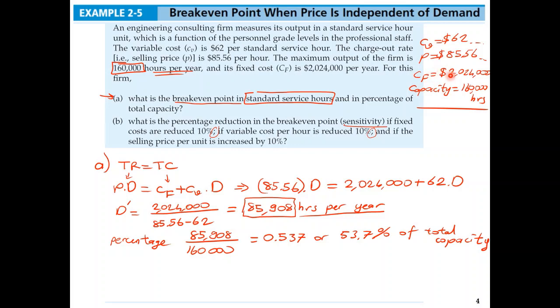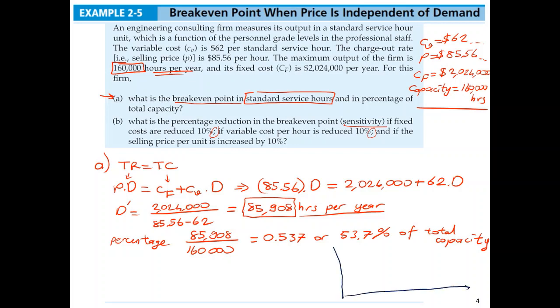It says that this is the fixed cost. We know its value. But maybe the fixed cost will be higher than this one or lower than this one. We are not sure about it. Then, for example, if the fixed cost is 10% less than this value, what will happen to this break-even point? Will it be larger or will it be lower? Currently, when we solved this problem, we obtained, let's say, this graph.